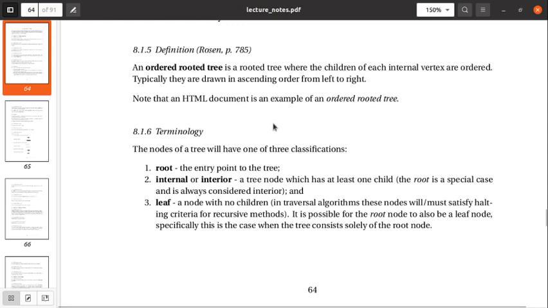But in the programming context, once you're dealing with it, you're typically going to have an ordered rooted tree, and so you'll find yourself referring to it just as a tree, because it's what you necessarily have whenever you're programming it, unless you go out of your way to not have that.